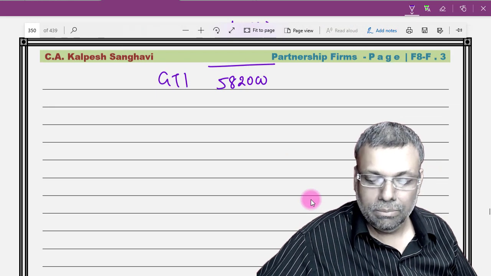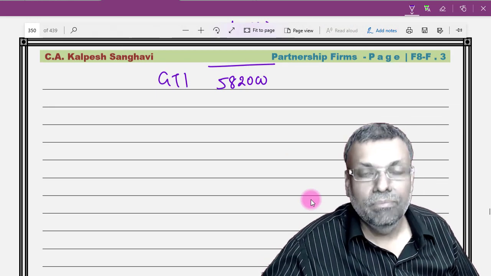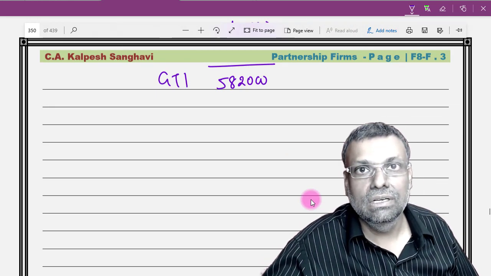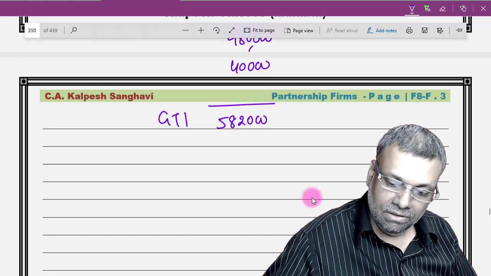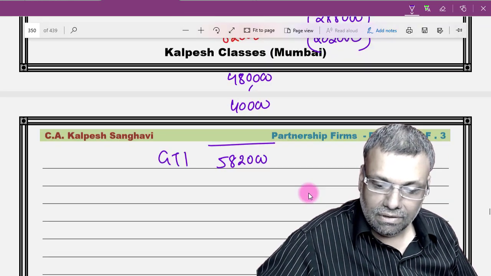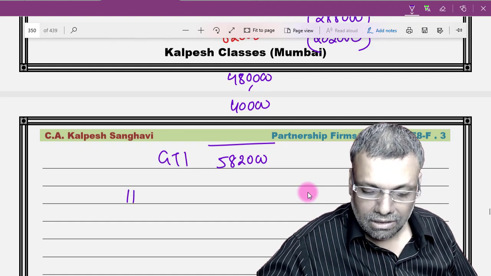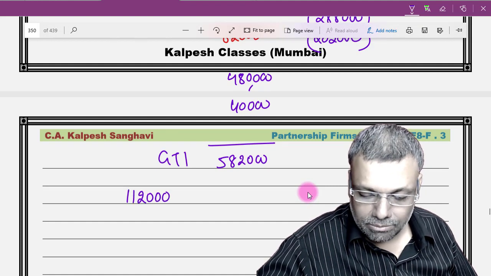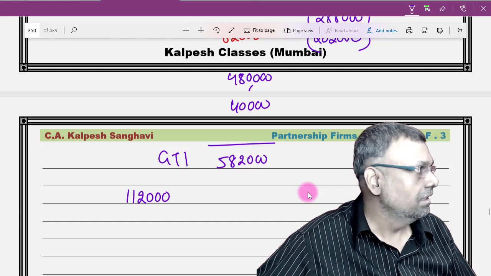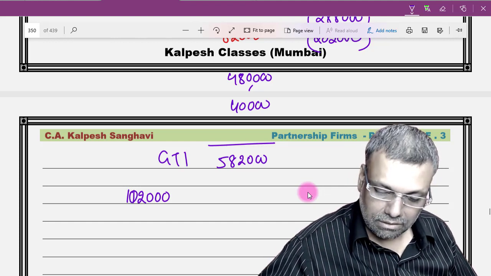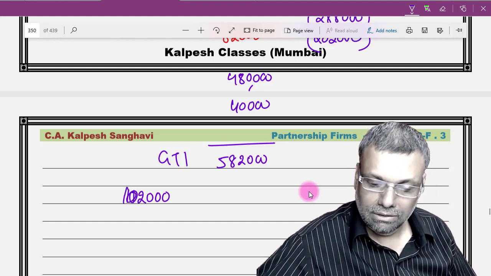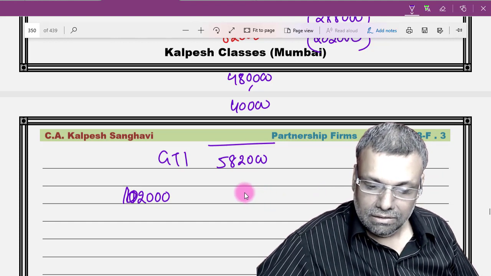Okay, so now for the purpose of deduction under ATG, I cannot consider 4,80,000 as my eligible profit. So my eligible GTI income, which will be eligible for ATG, is going to be only 1,02,000.